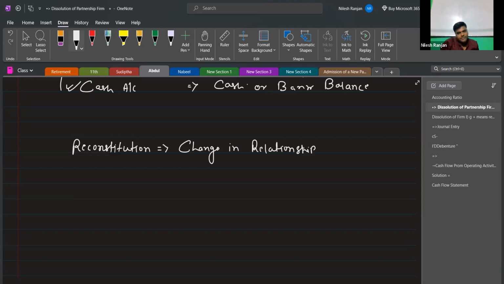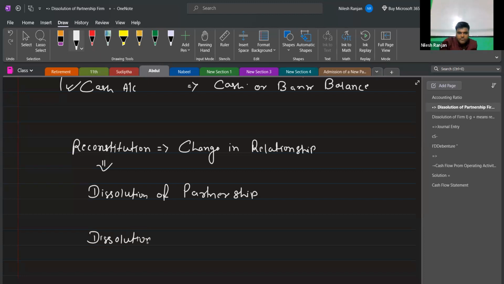It is also called dissolution of partnership. There is a similar word, dissolution of partnership firm. Sometimes students get confused by these two words. They think it is the same, but it is not.